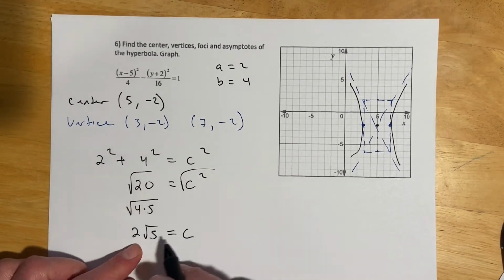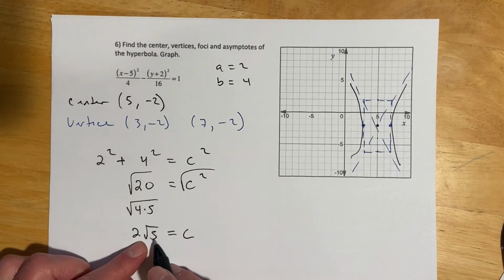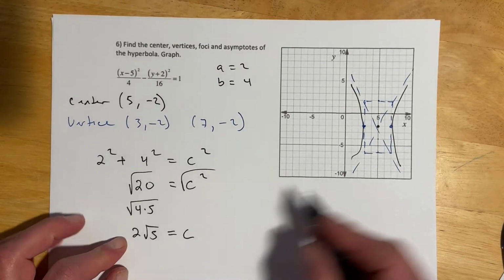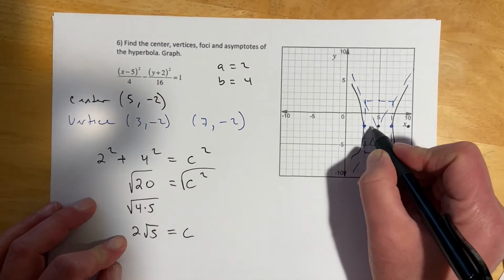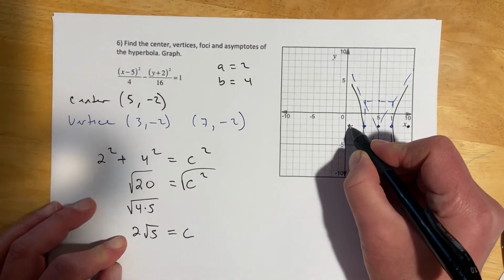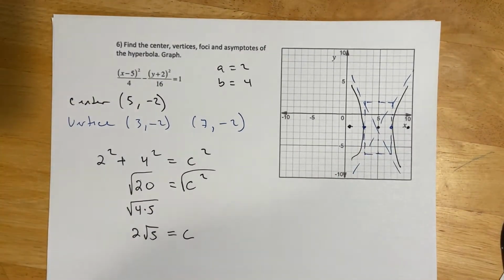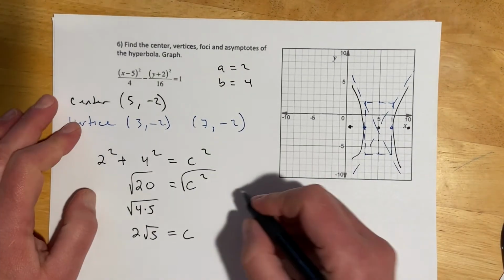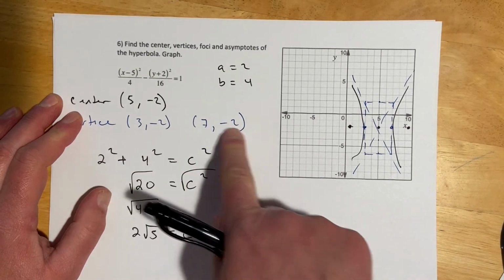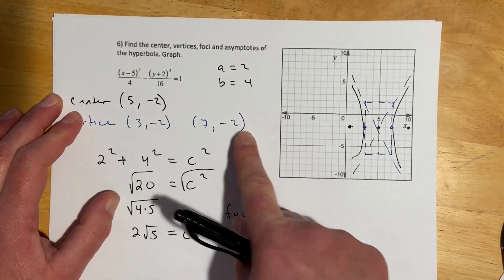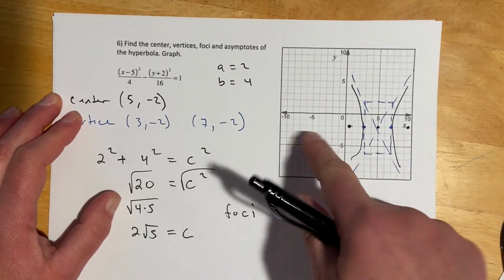And then just to kind of place it on the graph, root 5 is about 2.2, so this would be about 4.4. So that puts us about here, and then there's 2 about there. And again, I'm just doing that to help myself write this next part. So looking at this, everything's on -2, so is the foci.